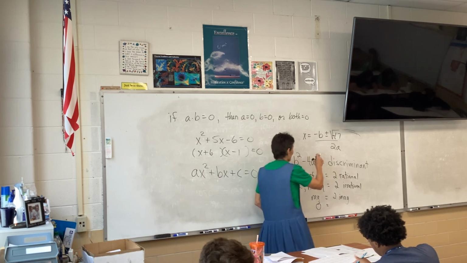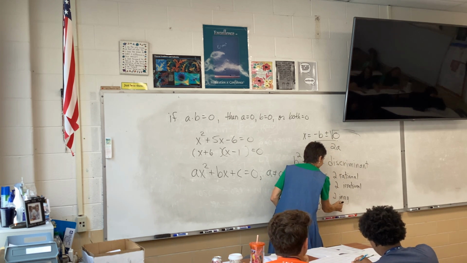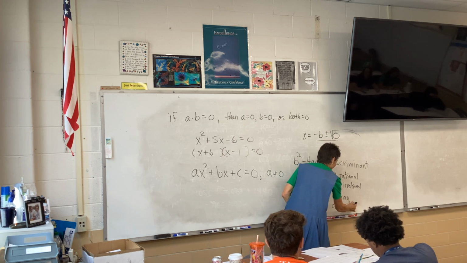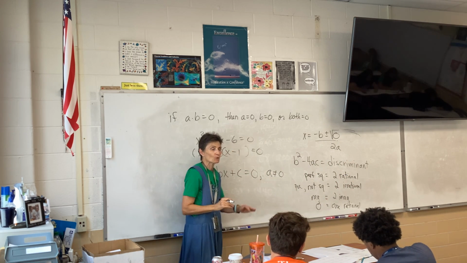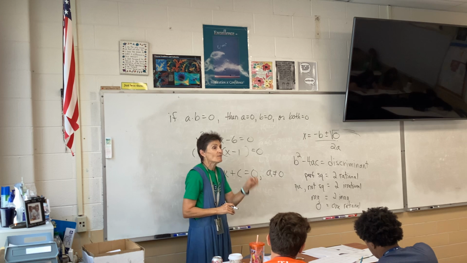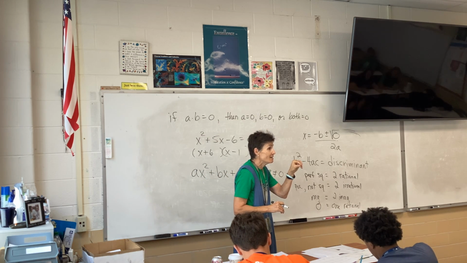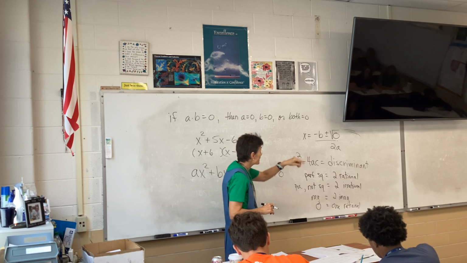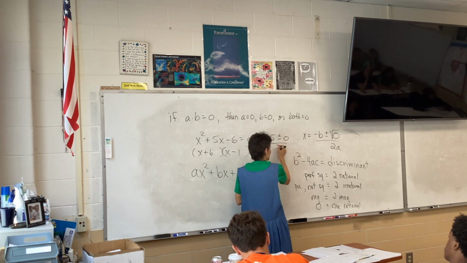1. Now, you want to say 1, and I'm okay with that. It'll be rational. But you're saying to yourself, wait a minute, Mrs. Ford, you said there were 2 answers. There are 2 answers. They just happen to be the same number. Because if it's 0, don't you get something like negative 5 plus or minus 0 over 2?